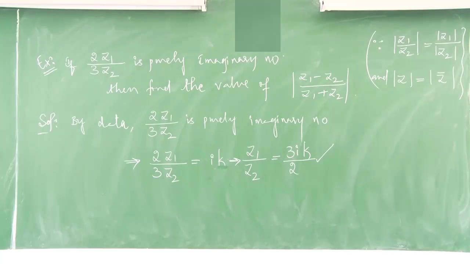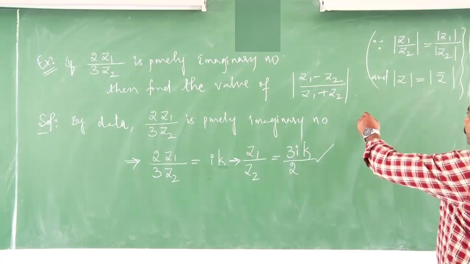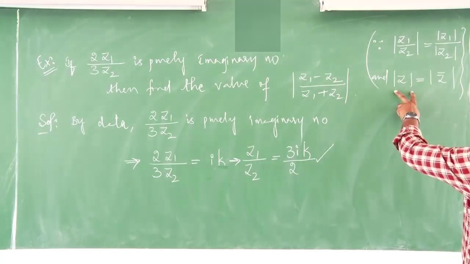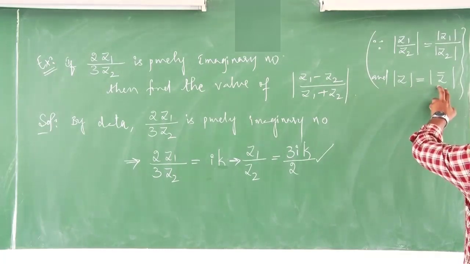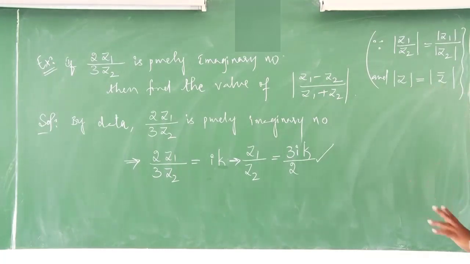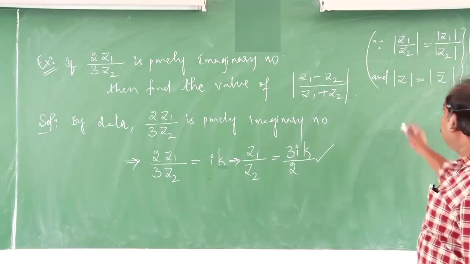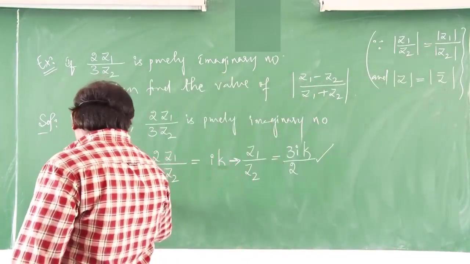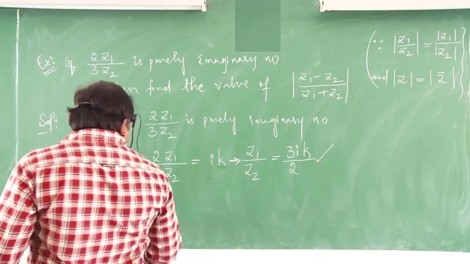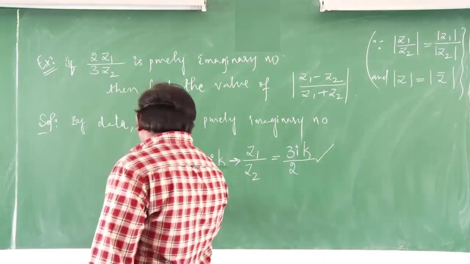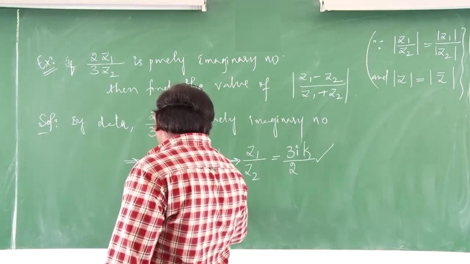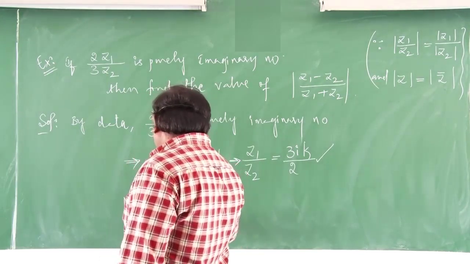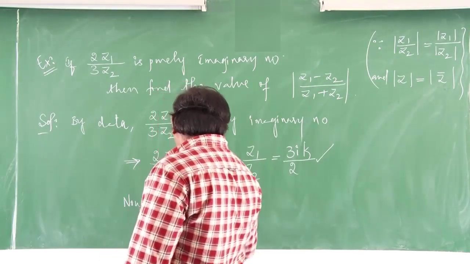Both are the same. Now remember these 2 points. We have to find modulus of z1 minus z2 by modulus of z1 plus z2.